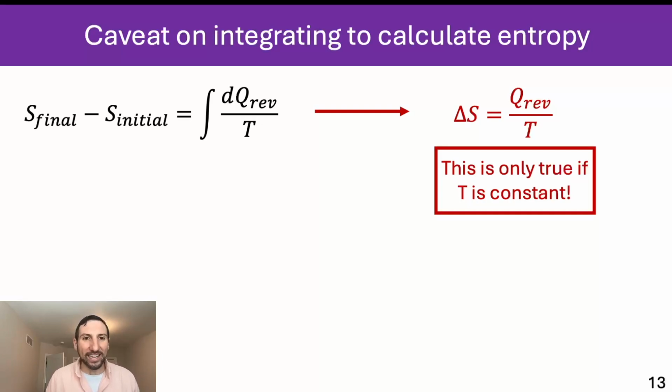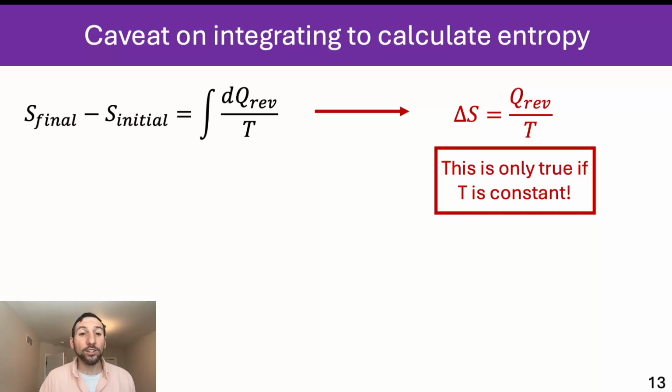If your T at the boundary of heat transfer is changing, that rate of heat transfer is going to be dependent on that temperature and the temperature gradient. And if T changes, your Q reversible is no longer going to be constant, which is going to be a problem, and therefore that simplified equation is not valid.